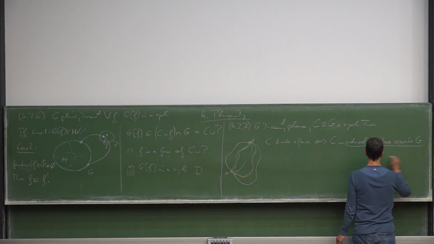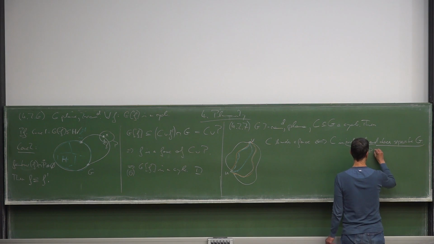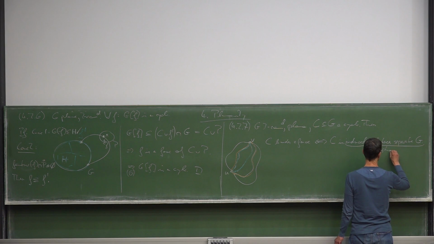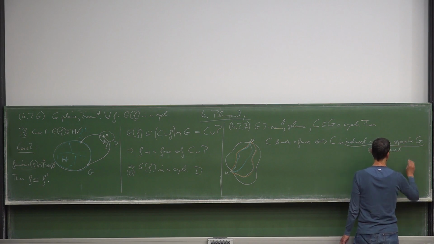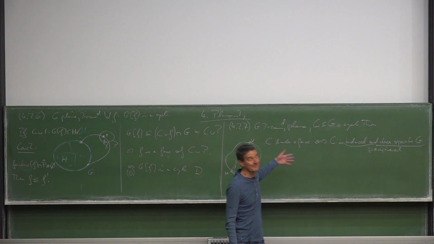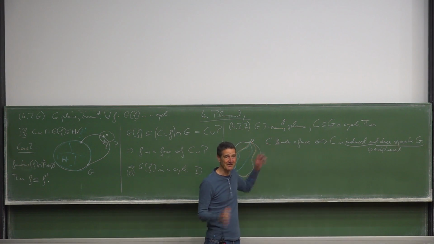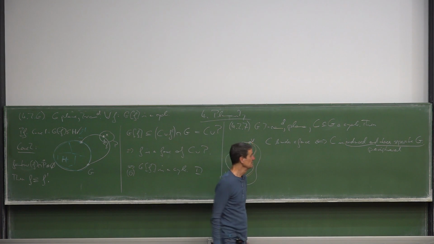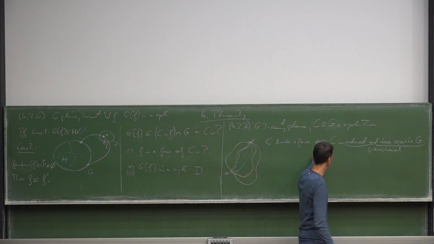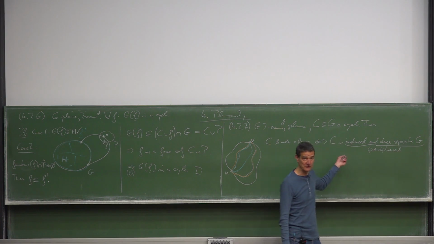And we call such cycles peripheral cycles precisely because they bound faces. So they're on the sort of outside when you draw this graph in the plane. And notice that this makes no reference to how it's drawn in the plane.